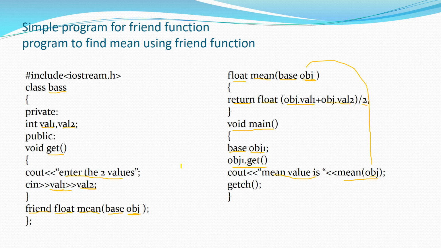A 15 has been printed into the output. This is how we access the friend function, where value 1 is a private data member and value 2 is a private data member. This is how we access private data members outside the class. This is a small example to illustrate the friend function. I hope you understood the concept of friend function.